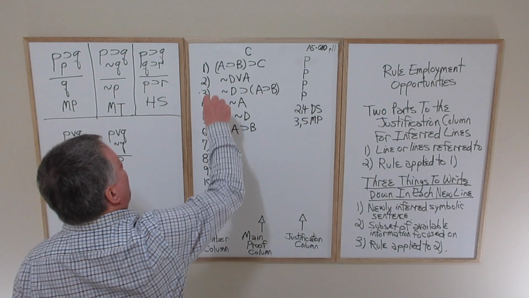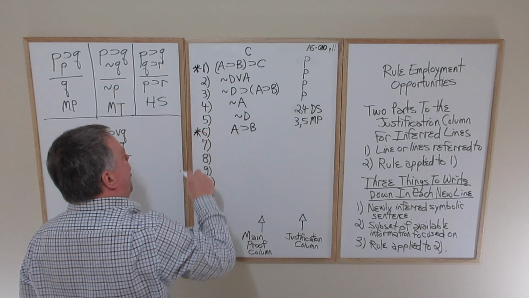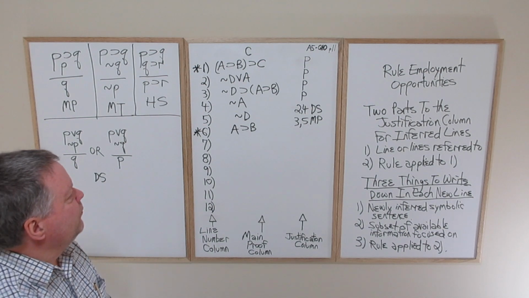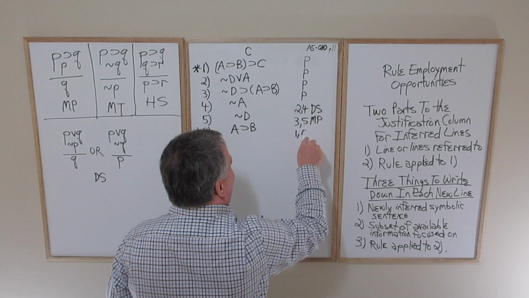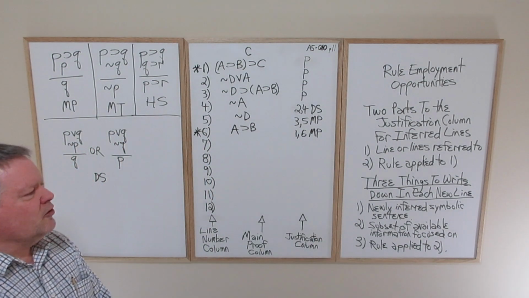Once again, we focus on the rule employment opportunities available. 1 and 6 satisfy, once again, the rule modus ponens.